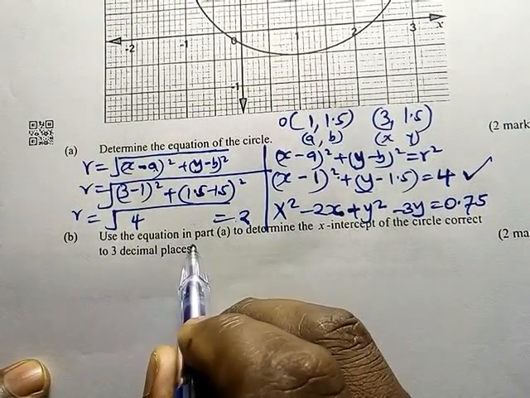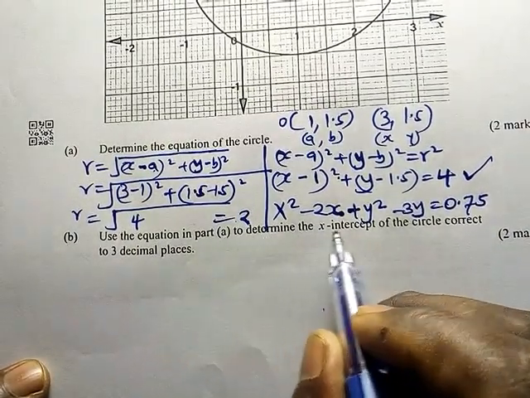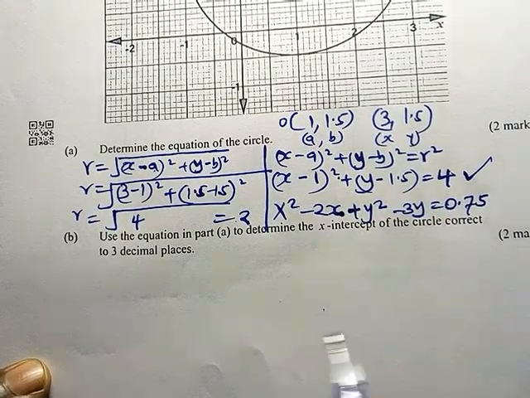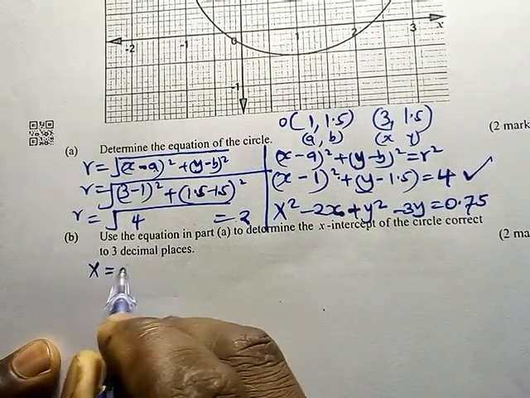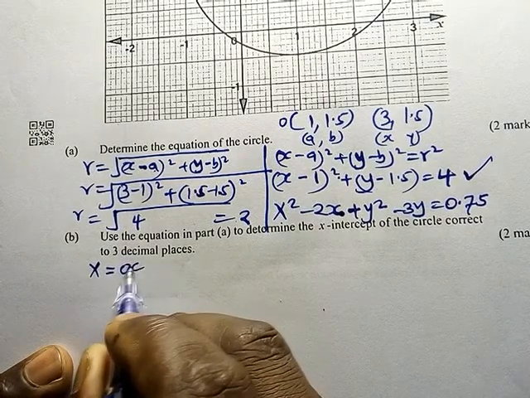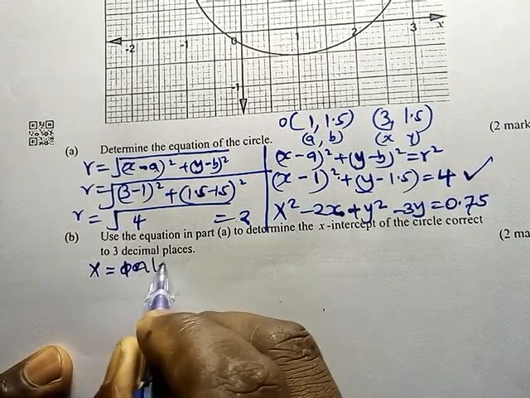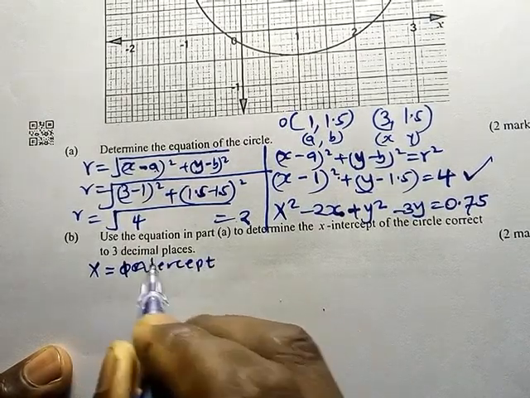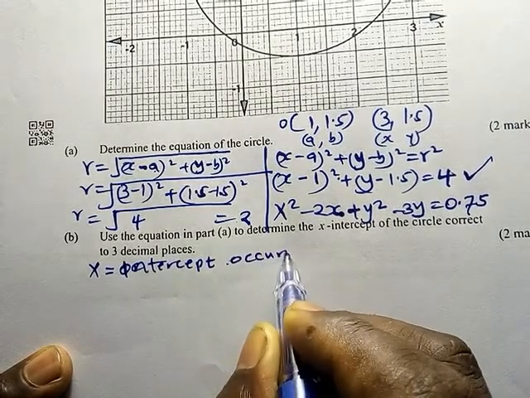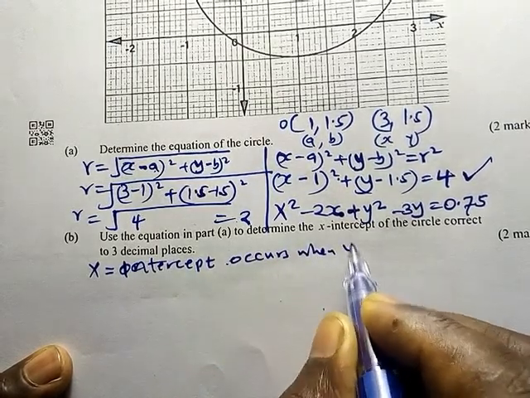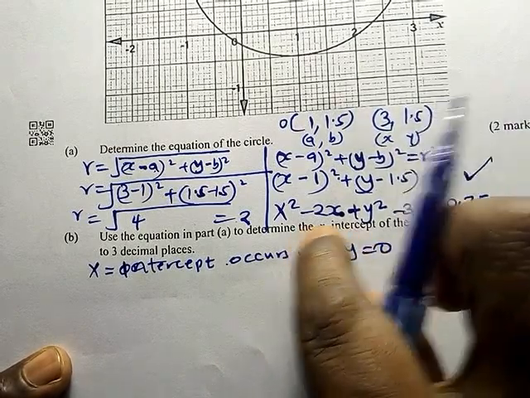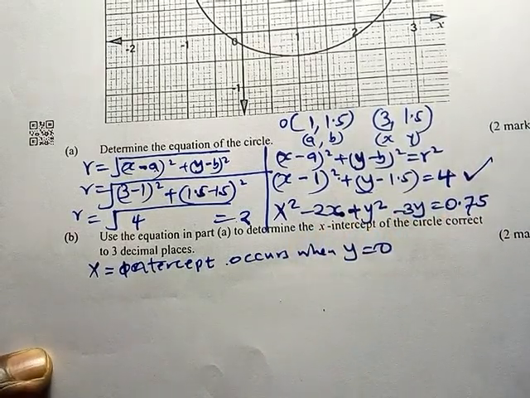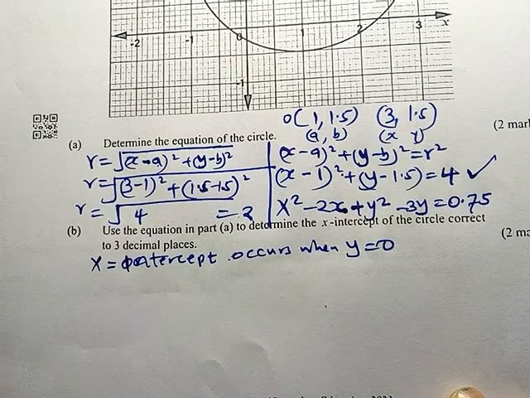Now use the equation in part A to determine the x-intercept of the circle. Remember, the x-intercept occurs when y is equal to 0. So it means on this equation, whenever you see the value of y, you substitute it with 0.